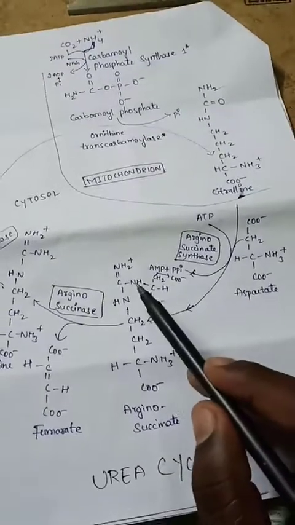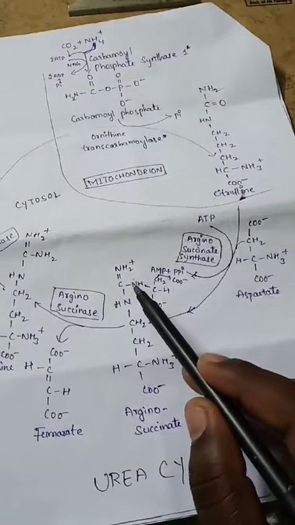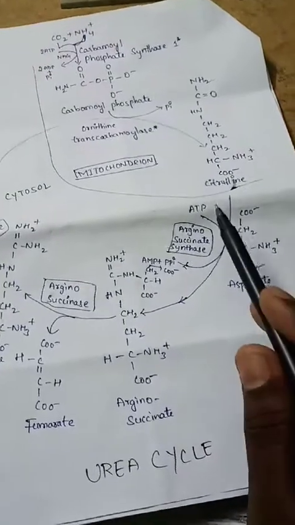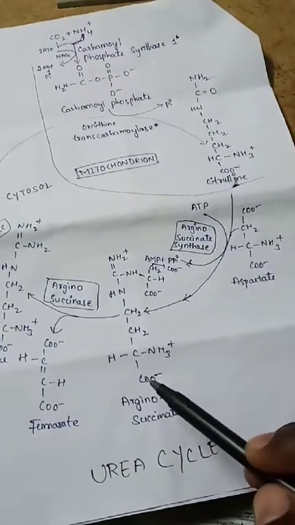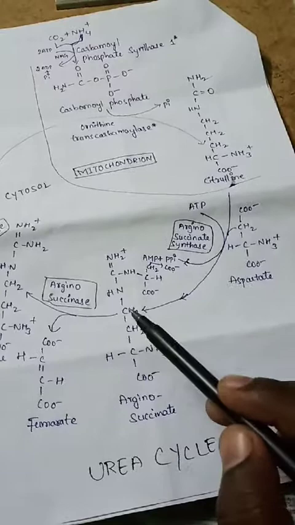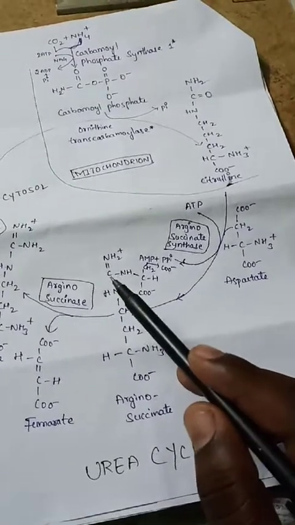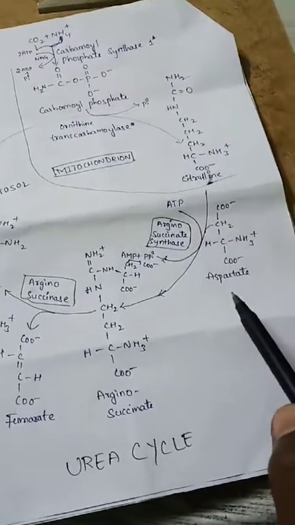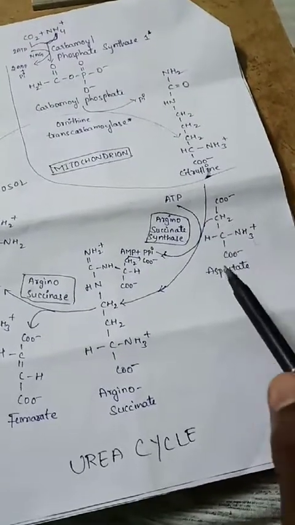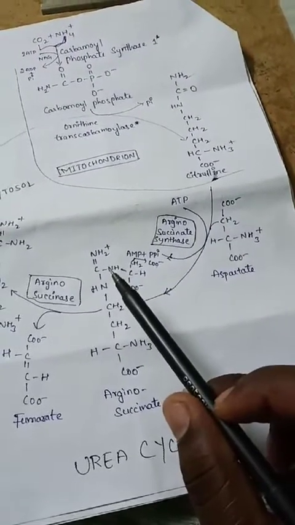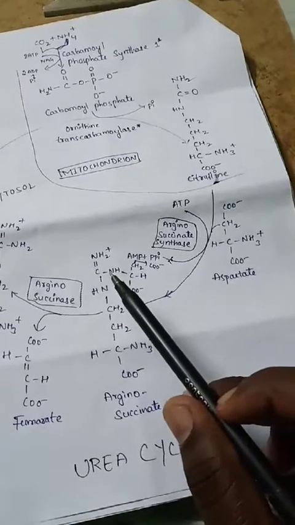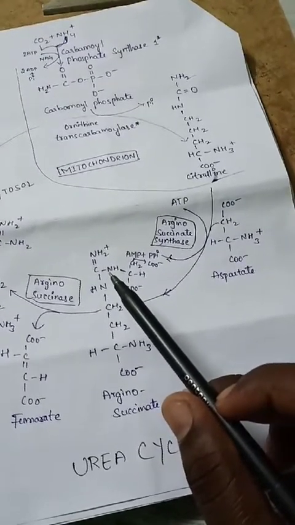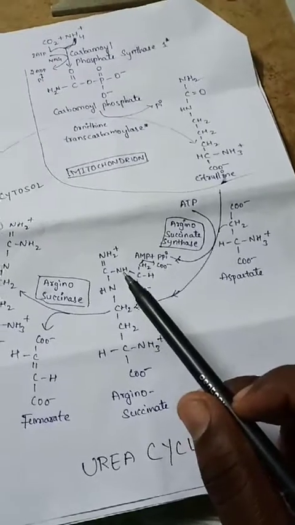Up to here, the structure is the same as citrulline: C double bonded O, NH3, CH2, and NH2. Up to here the compound is citrulline, and then aspartate is added. The aspartate is added at the first carbon position, replacing the ketone group.